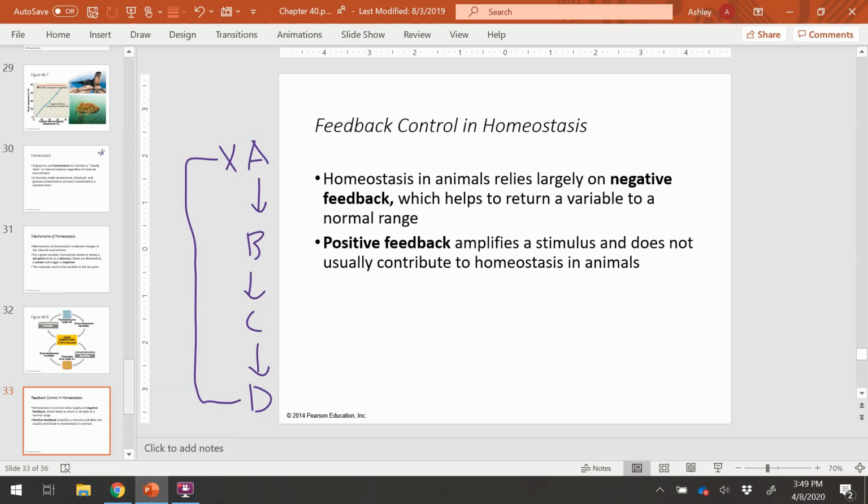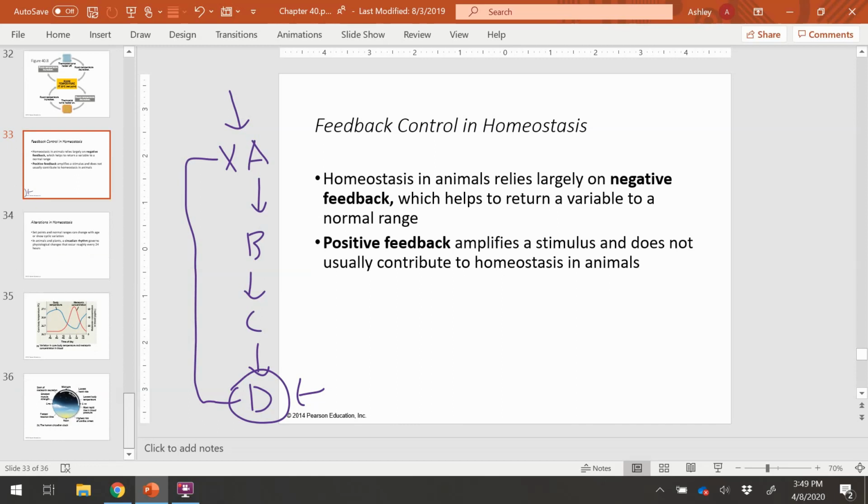That's negative feedback, where the end product regulates the whole process. The opposite is positive feedback, which amplifies the stimulus: the end product makes more of the product, so the pathway goes faster. That is not usually found in homeostasis.